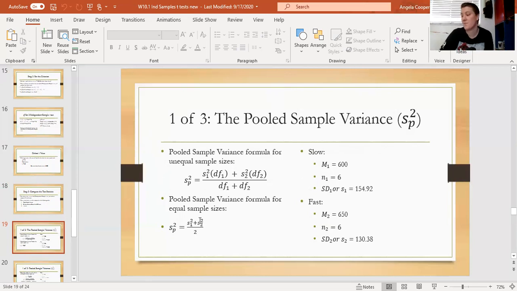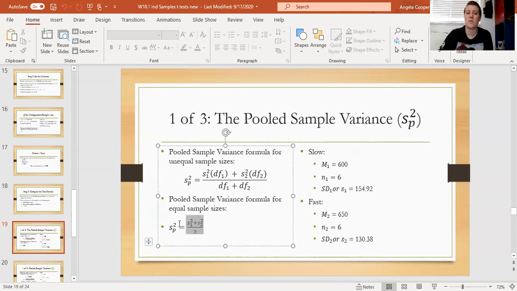It looks a lot easier. If your sample sizes are not equal, then you would use this one. So keep in mind that it's not just an automatic formula for pooled sample variance. You have two different formulas to choose from, and it depends on whether your sample sizes are equal or not. Now with this problem, we have a sample size of 6 for the slow group and a sample size of 6 for the fast group.